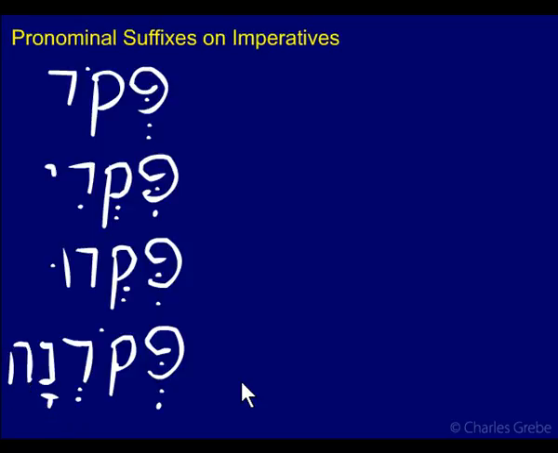Now, the way I suggested that you memorize these is just as a separate set. We know they come from the imperfects, but because they're so common, it's important just to have them at your fingertips. So, pikod, pikdi, pikdu, pikodna.